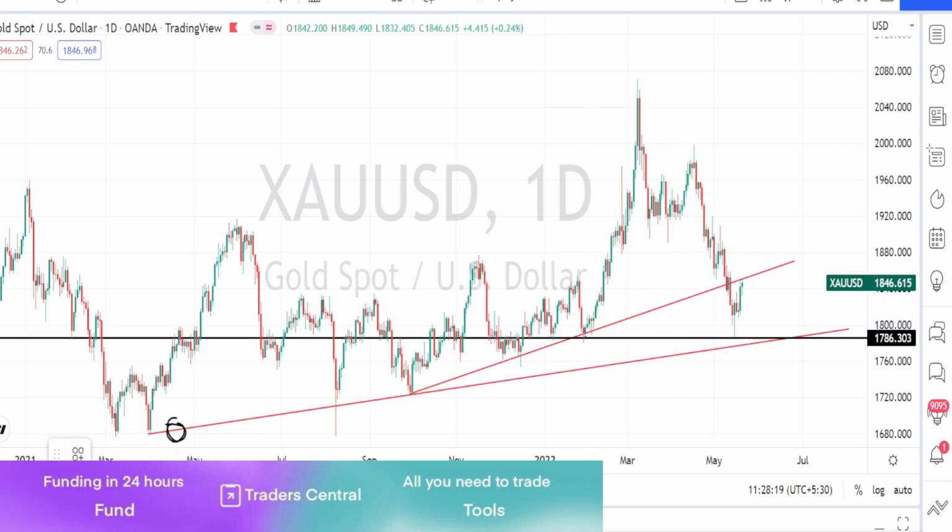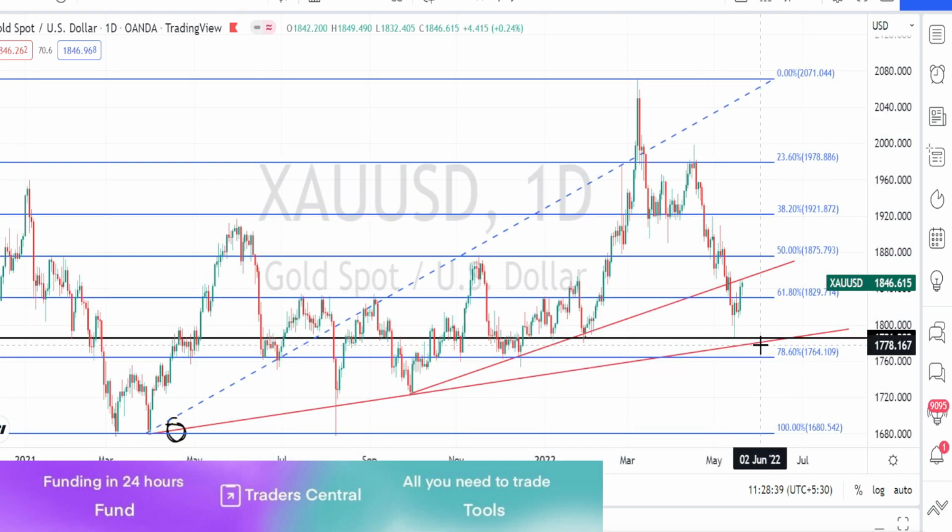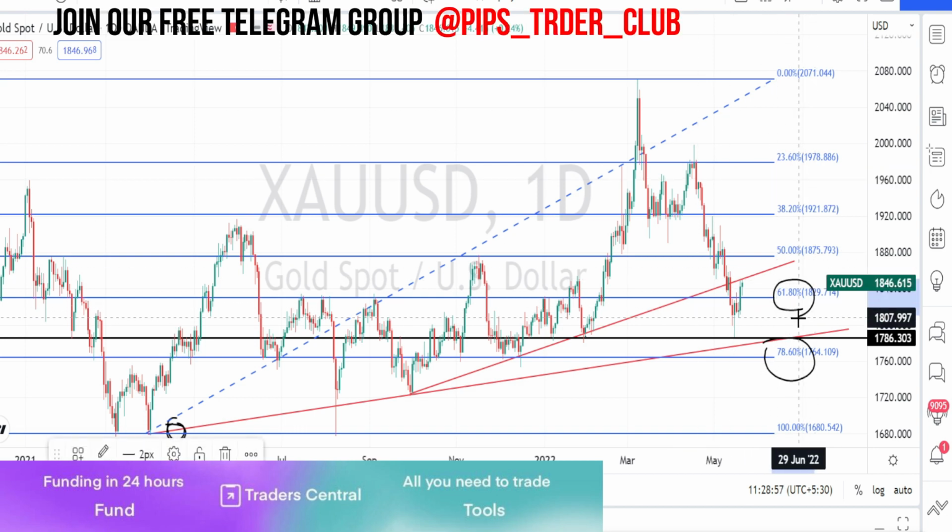And when we look at the retracement level using the Fibonacci retracement tool, previously the price action retraced very near to the 78.60% of the Fibonacci retracement tool, and currently it has broken 61.80% and it is trading between 50 to 61.80% of Fibonacci's retracement level.